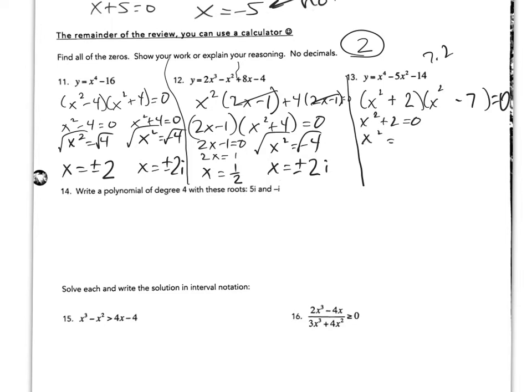X squared equals negative 2. Taking the square root of that, I get plus or minus. It's negative, so the i comes out. Don't know the square root of 2, so it stays like that. X squared minus 7 equals 0. We get x squared equals 7. Square root. Don't know the square root of that. Plus or minus radical 7.